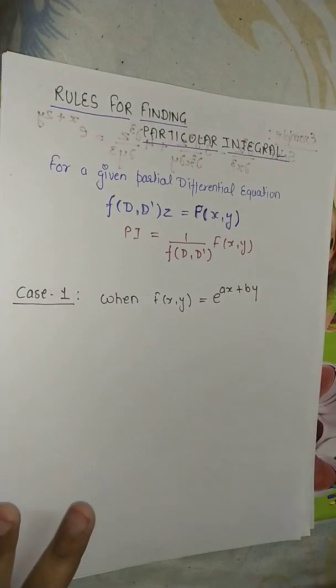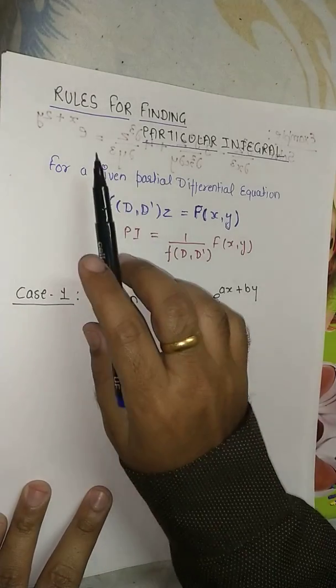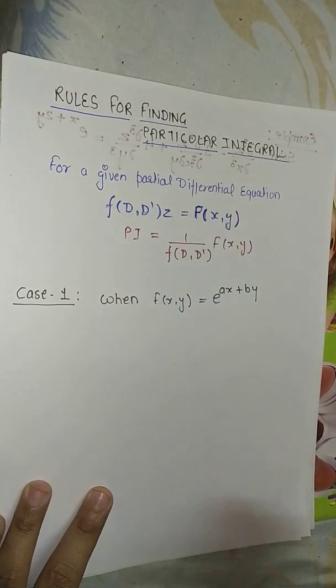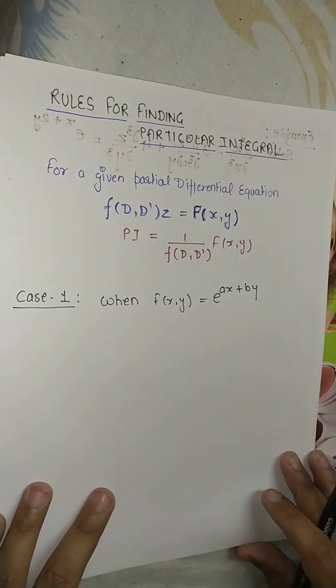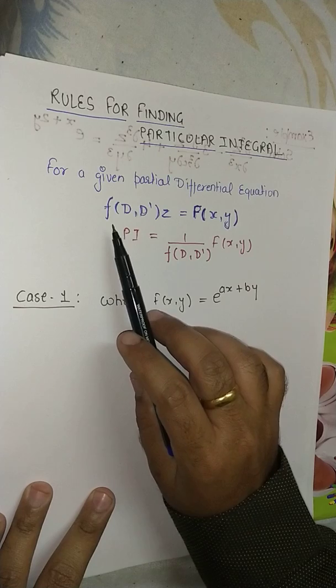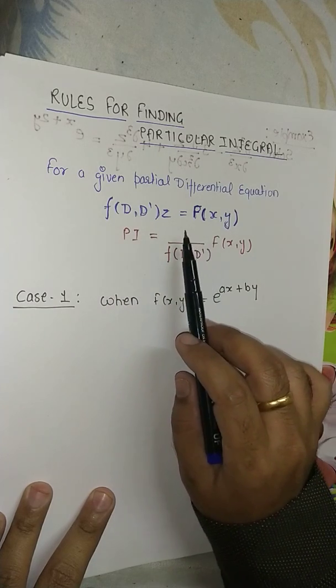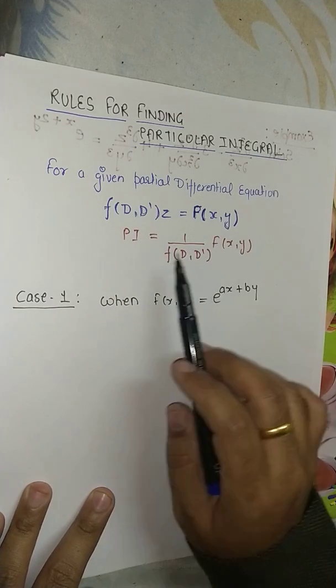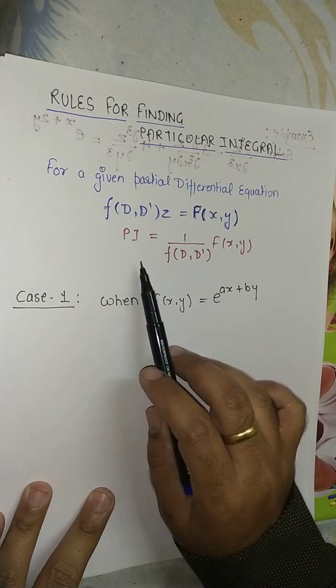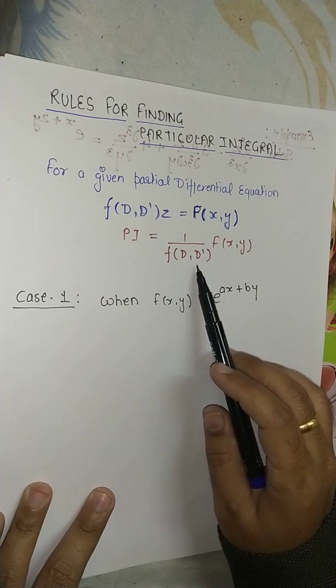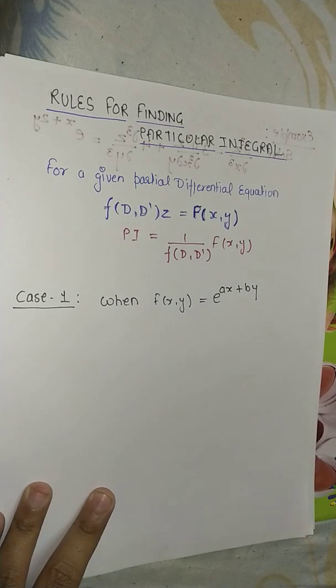Let's talk about the rules for finding the particular integral. For a given partial differential equation f(D, D dash) z equal to f(x, y), the particular integral is given by 1 upon f(D, D dash) times f(x, y).